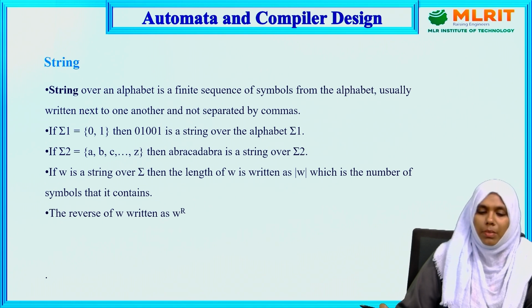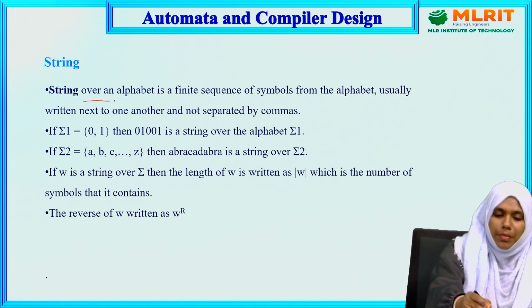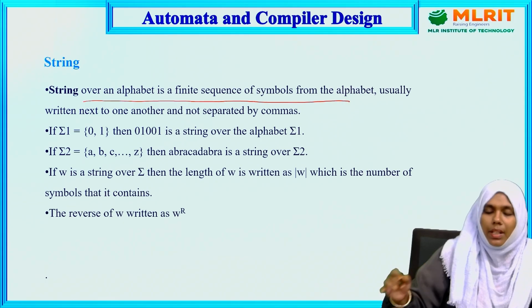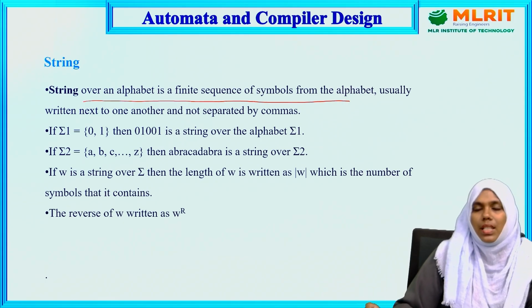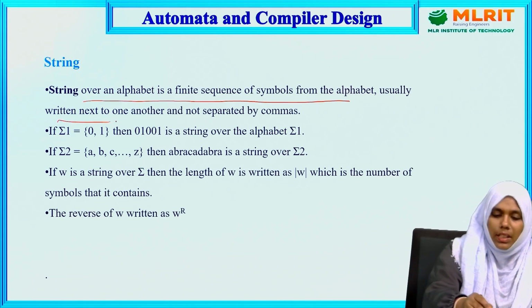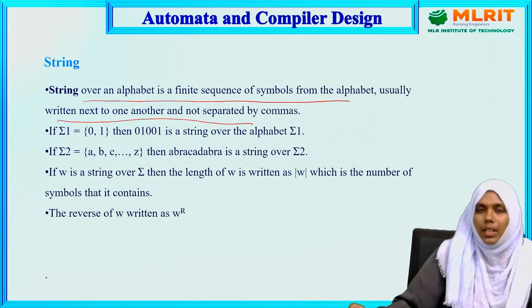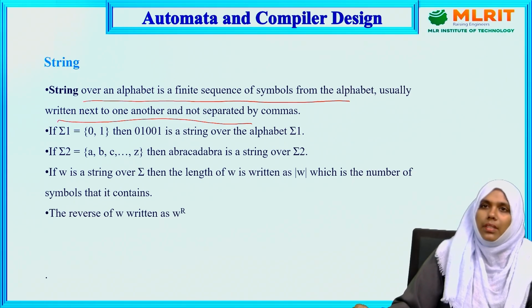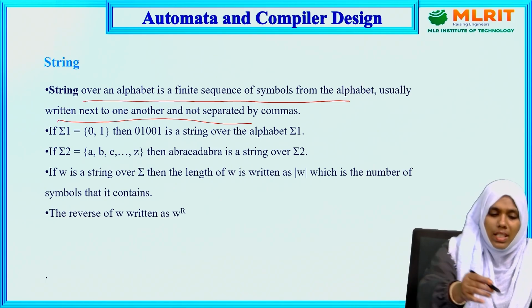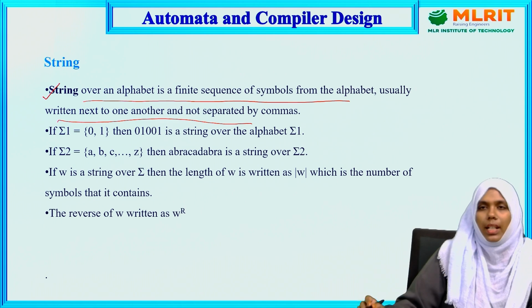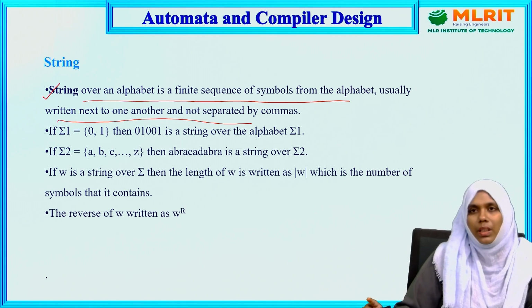That means the symbols come from the alphabet, and are usually written next to one another, or separated by commas. So this is related to the alphabet. If we understand the alphabet, then we will be able to understand the string.